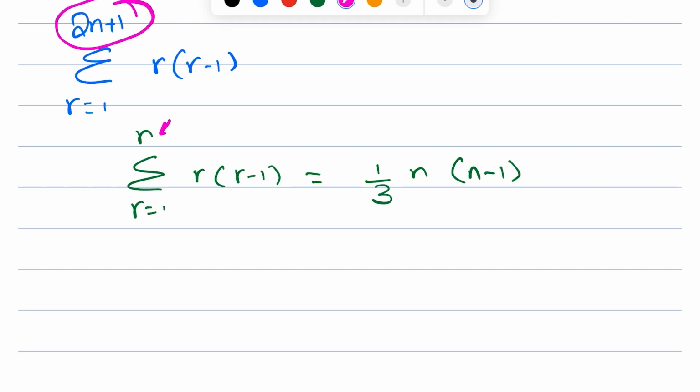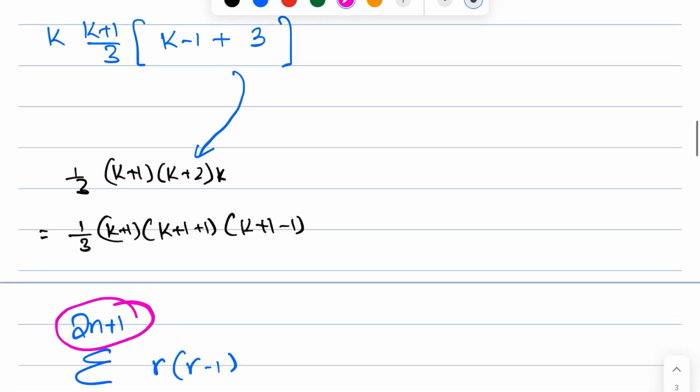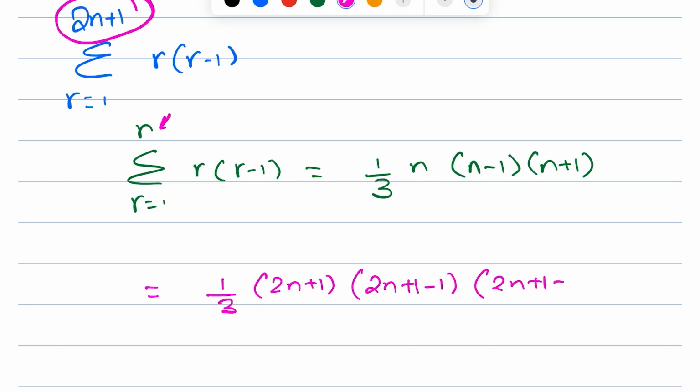So what am I going to do? Plug in n plus 1 over there. So this was n minus 1 times n plus 1. So plug in n as 2n plus 1. So it becomes (2n plus 1), (2n plus 1 minus 1), and (2n plus 1 plus 1).